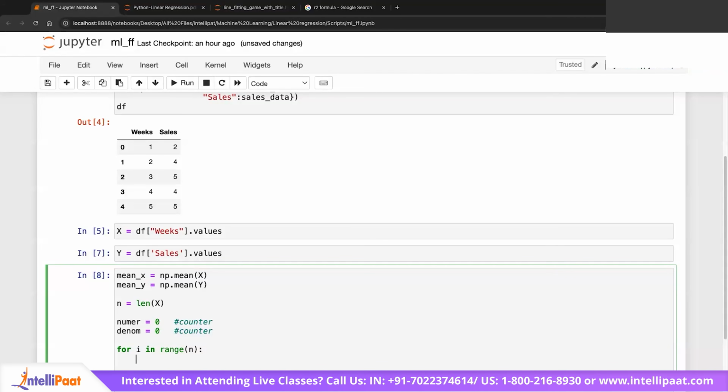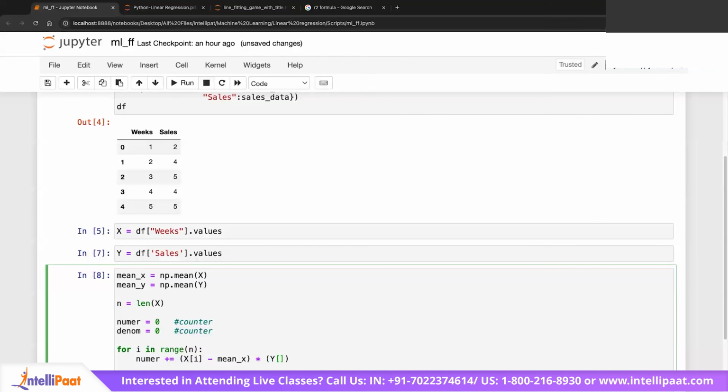Can I say numer plus equal to, numerator plus equal to, keep on adding x of i, which is the actual value of x, minus mean of x. Is this x minus x bar? Is this code, simply put, nothing but x minus x bar into y minus y bar? So y will be taken like how?